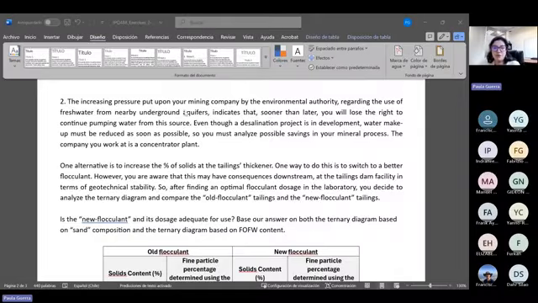The increasing pressure put upon your mining company by the Environmental Authority regarding the use of fresh water from nearby underground aquifers indicates that sooner or later you will lose the right to continue pumping water from this source.